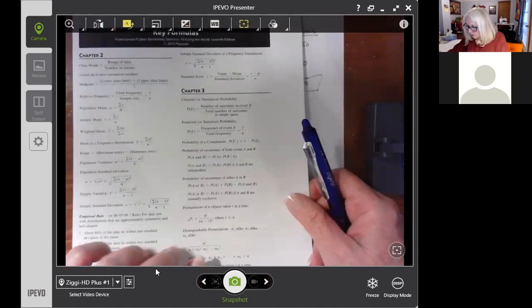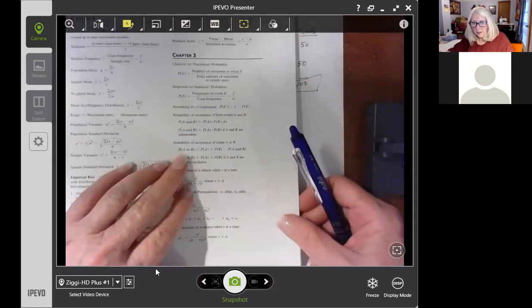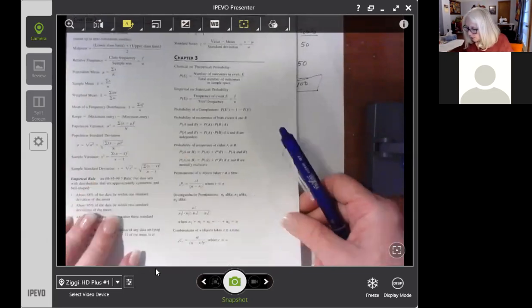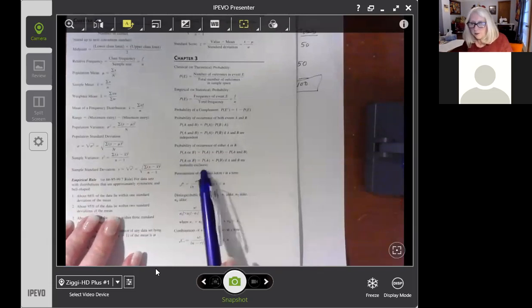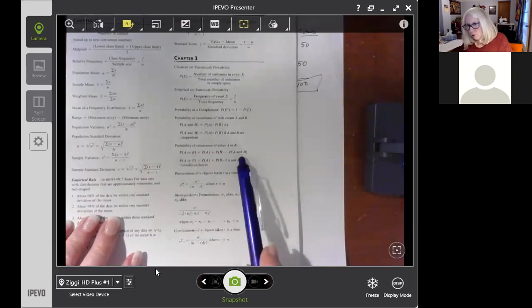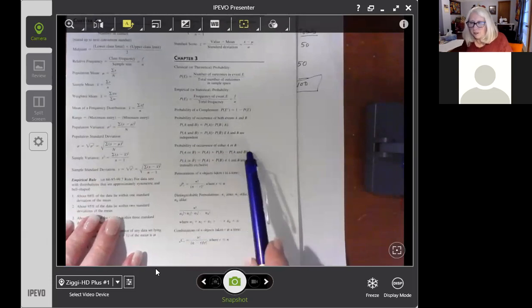So here it is, the probability of A or B, and I just deal with the full rule. This second rule is for only mutually exclusive events, but if you use just this full rule and the events are actually mutually exclusive, then this subtracted part is always 0.